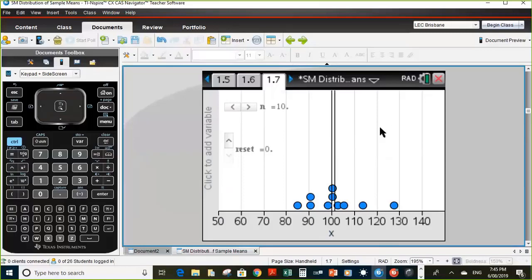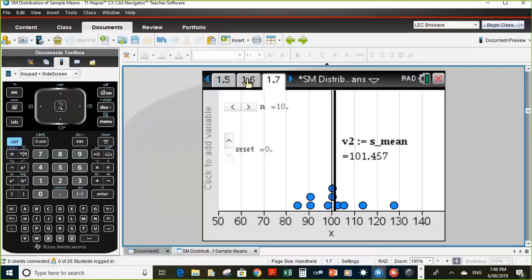One is fixed, and it's the population mean mu, which is 100, and the second one dances around. It's the sample mean, and it's 101.457. And so what we would be expecting is, by changing the sample size, or even by changing the sample, what would happen is that the sample mean would be fluctuating or dancing around the population mean.